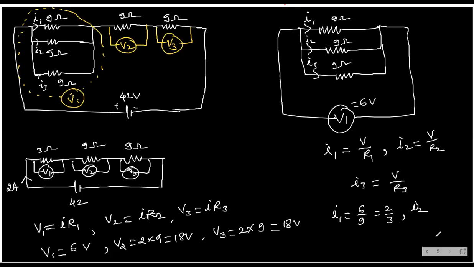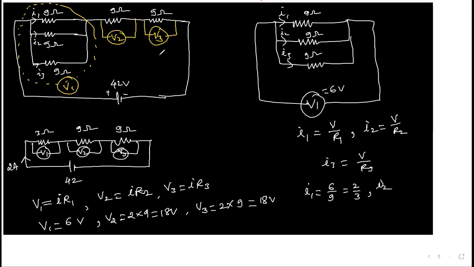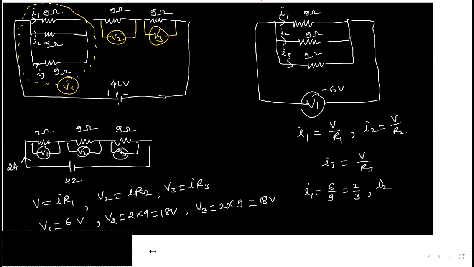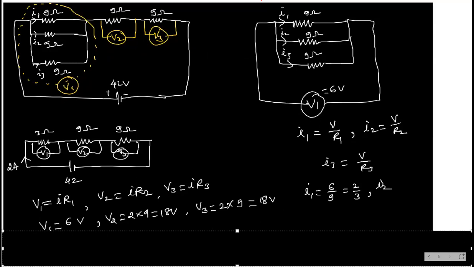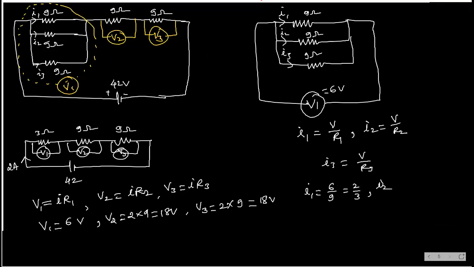Similarly, I2 is equal to V by R2, which is also 6 by 9, that is 2 by 3.